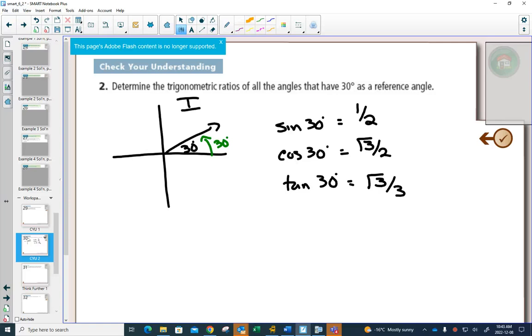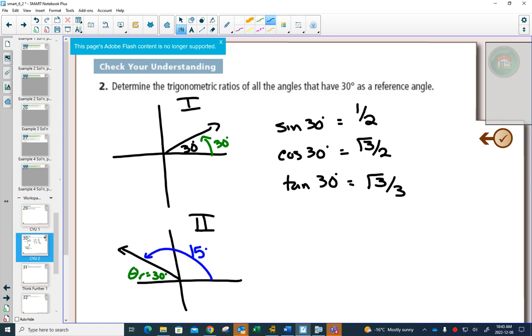But 30 degrees isn't the only angle that has 30 degrees as a reference angle. I could go to quadrant 2. And I could draw a reference angle of 30 degrees. Then my actual angle would be 150 degrees.